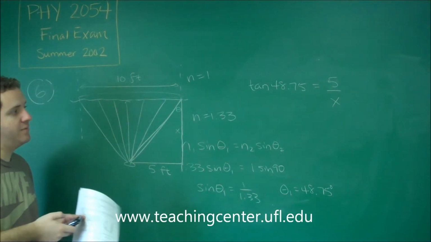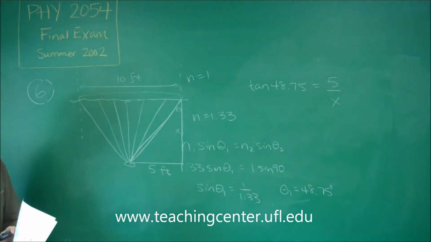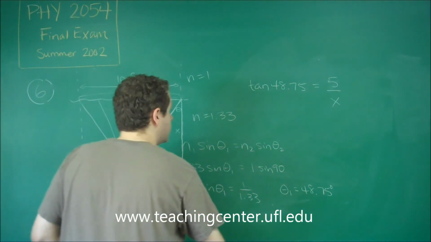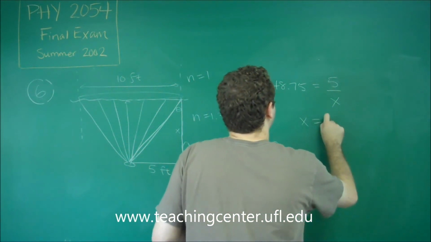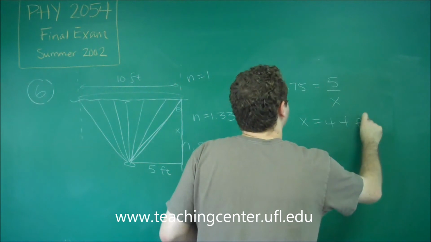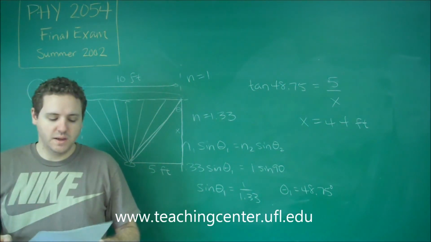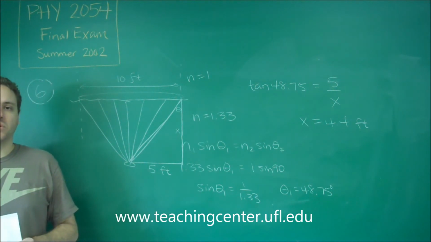So we would have 5 divided by that tangent. And we get an answer of 4.4 for x. 4.4 feet. So that must be how deep the light bulb is in the pool. Answer choice 1, 4.4.